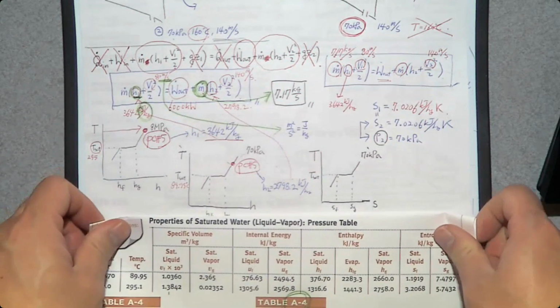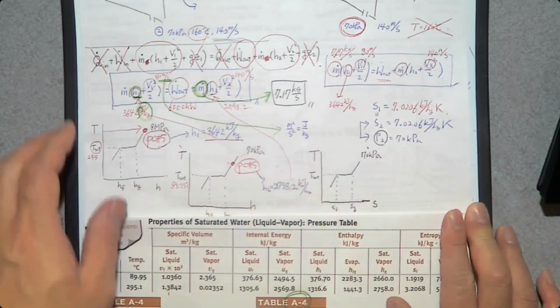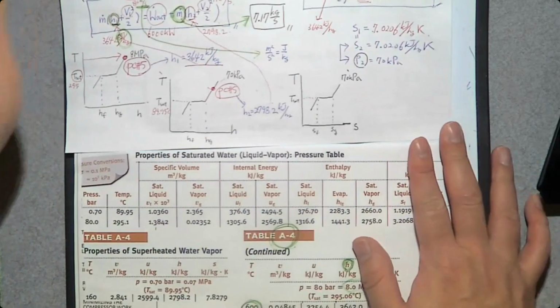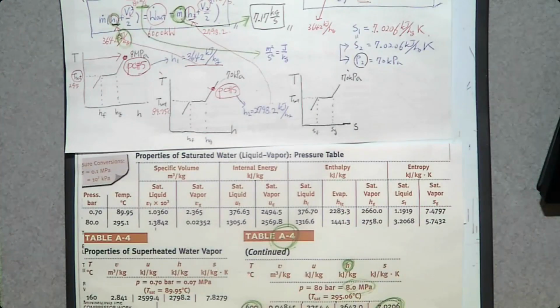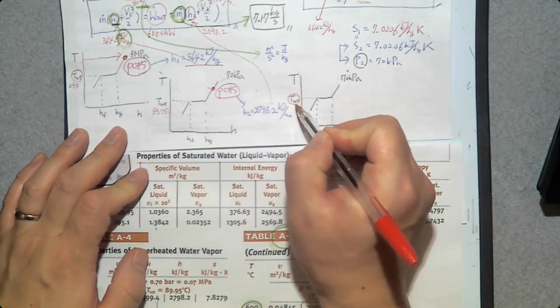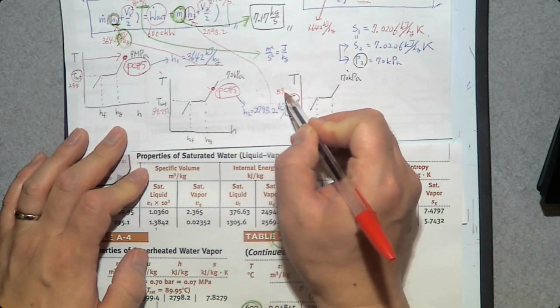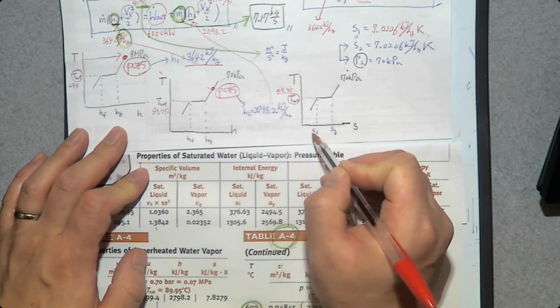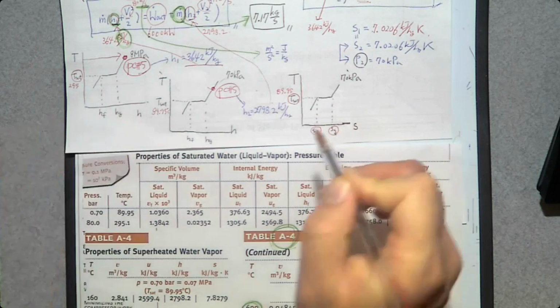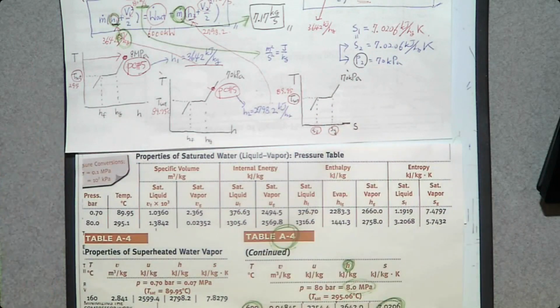This is table A3, the pressure table. Let's find 70 kilopascal. T-sat is 89.95. Okay, good. We need to know SF and SG.